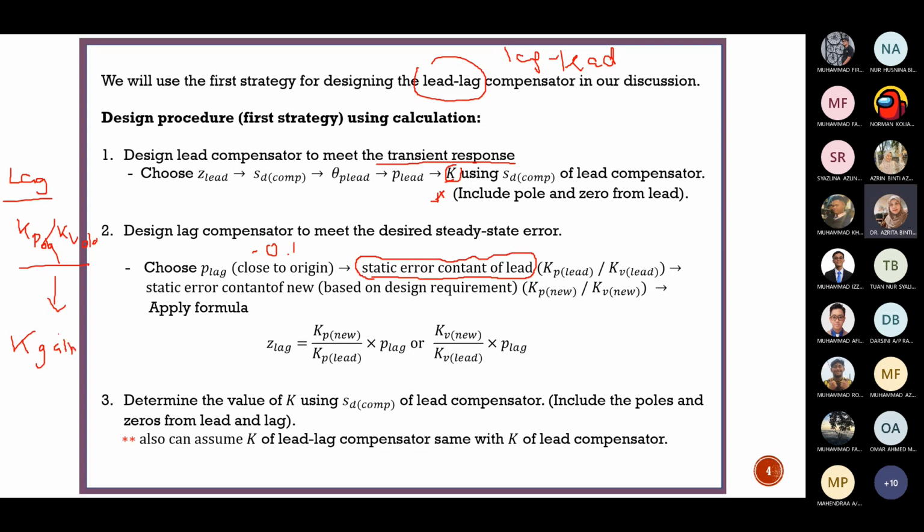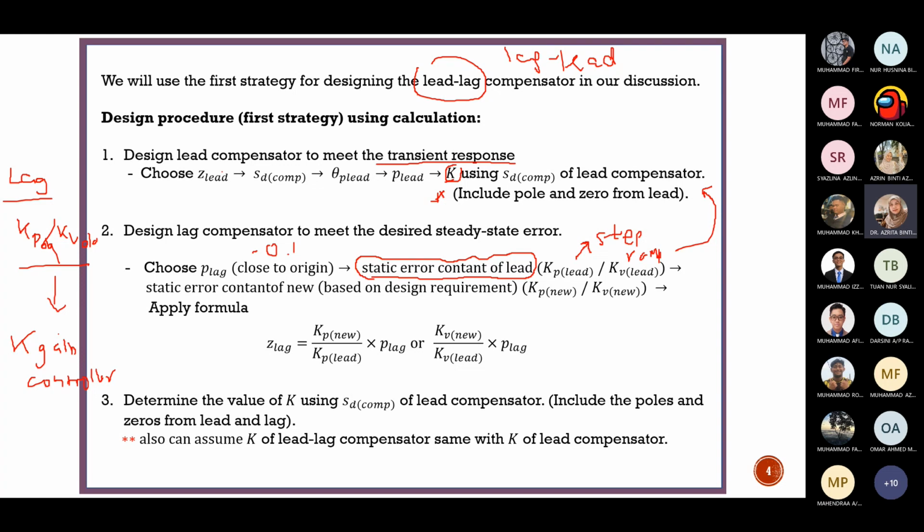But when we use the lag-lead compensator, the Kp old and Kv old refer to the static error constant of the lead compensator. Since we already designed the lead compensator in our first step, we need to refer to the static error constant of the lead. That means either Kp lead or Kv lead. So Kp lead for the step input, and Kv lead for the ramp input.